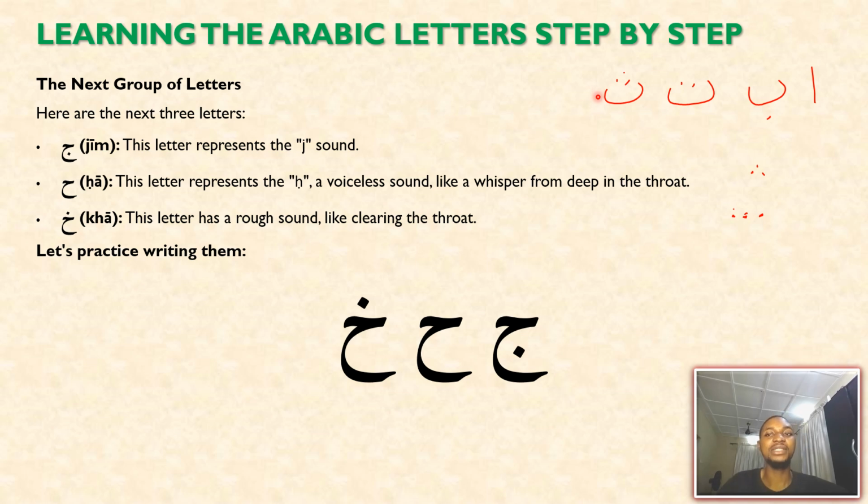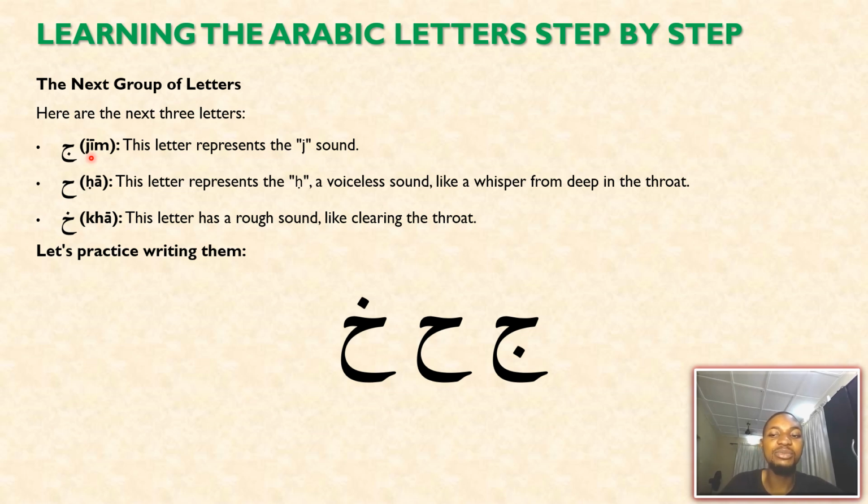Okay, that's that. Now we move on to the next set of letters, which are Jim, Ha, and Kha. You see, this first one here is Jim. Remember, in the transliteration, we have J, then I. The I bears a mark above it.